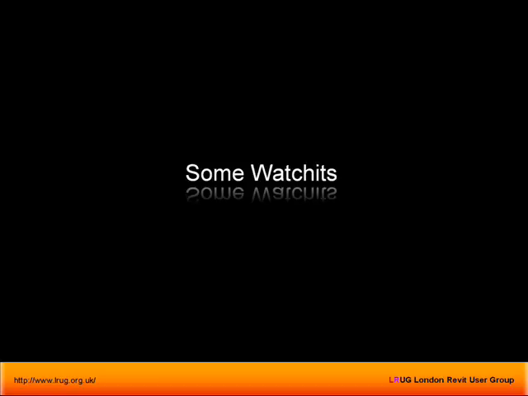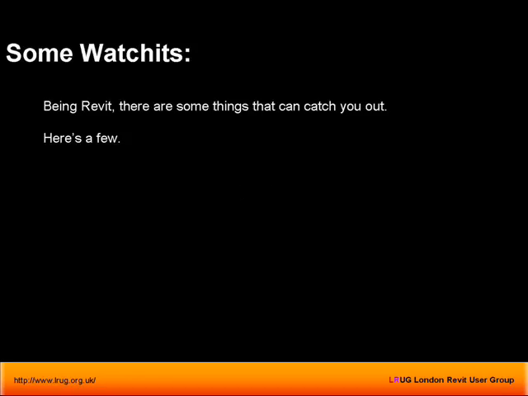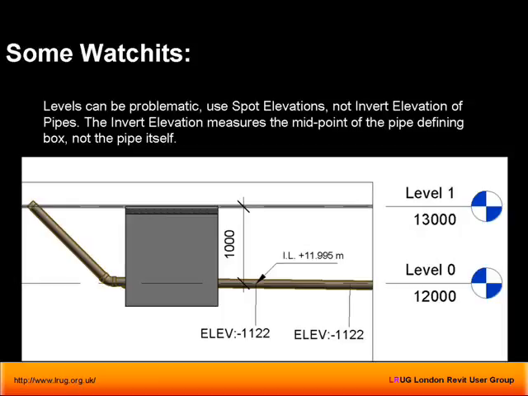Okay, some of the watch-outs. When you measure the invert level, if you measure the elevation of the pipe, even though it's falling, it gives exactly the same value. And this confused the hell out of me when I first did it, until someone explained to me how Revit looks at a pipe on a slope.